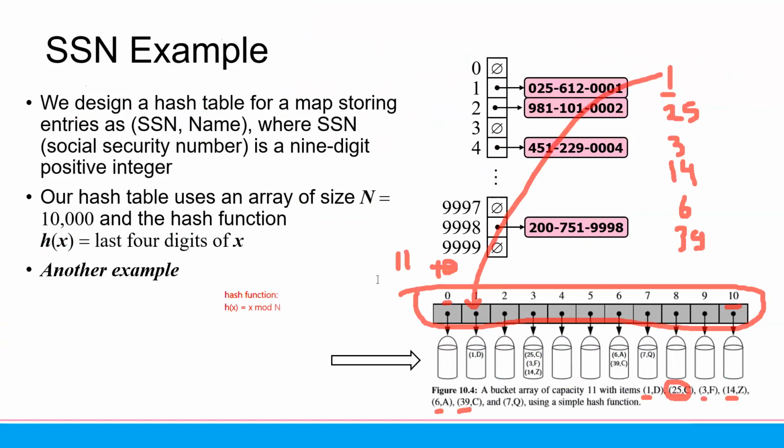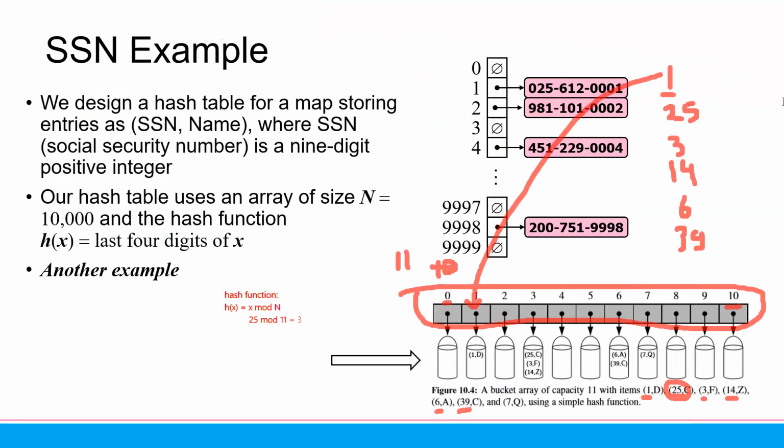In this case, n is 11. And what is x? x is 25. So x mod 11. So this is a very simple hash function. 25 mod 11, what is the result? It is 3.